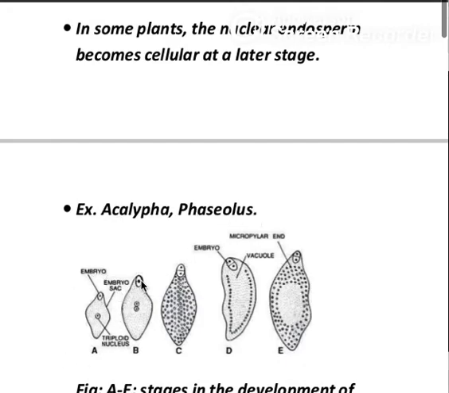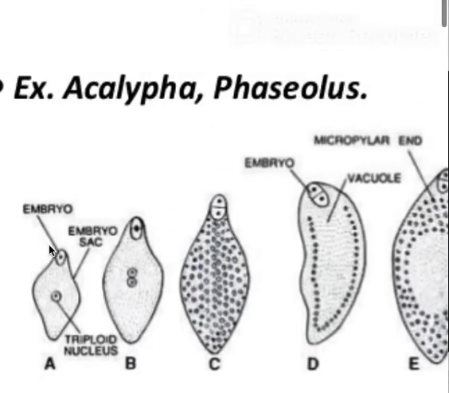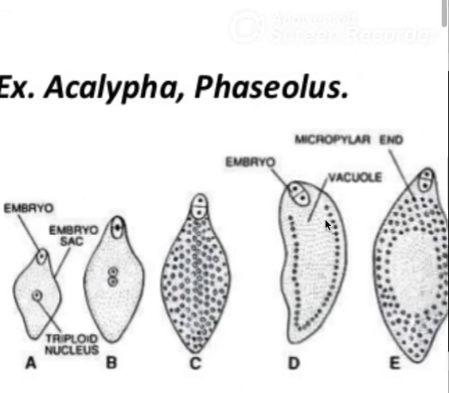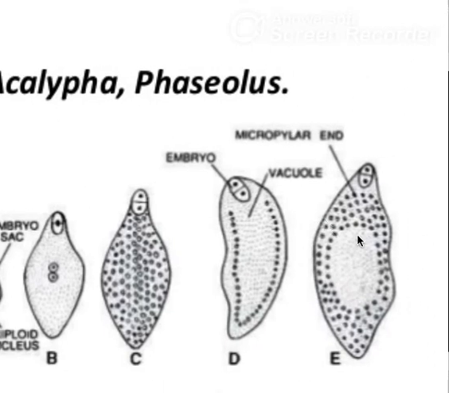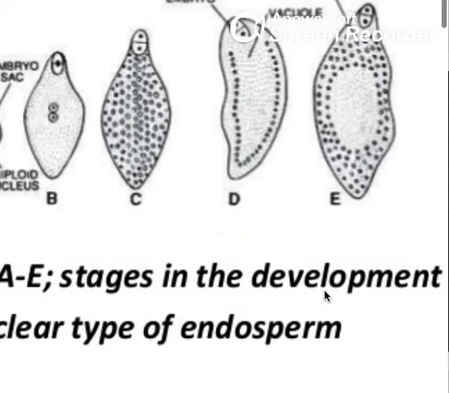In this diagram, you have the embryo and the PEN, or the triploid nucleus, which is formed after double fertilization. After this, the PEN divides to give rise to many free nuclei. But after a short period of time, there will be subsequent cell wall formation.